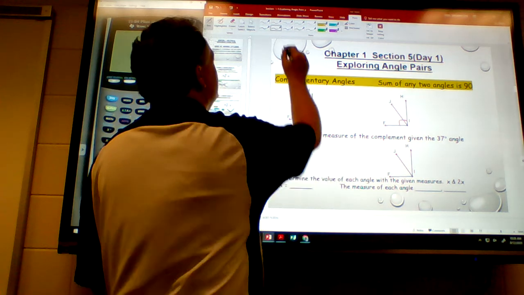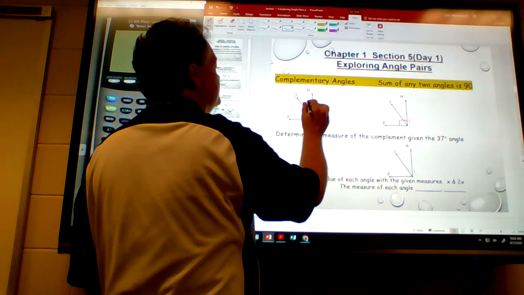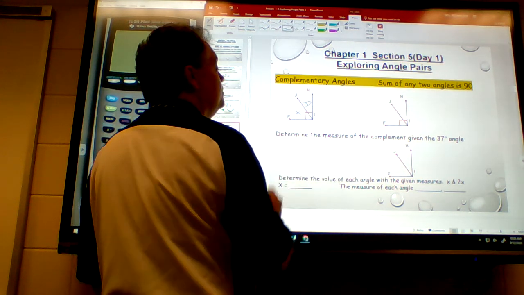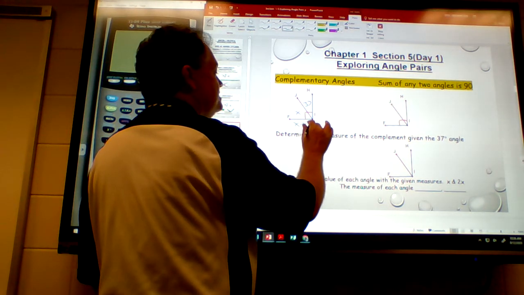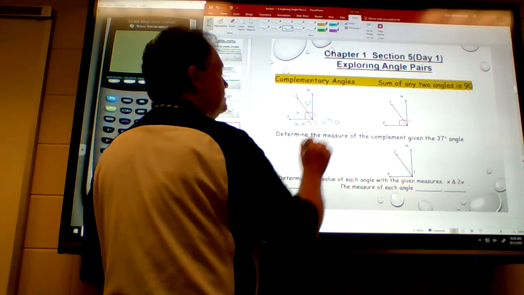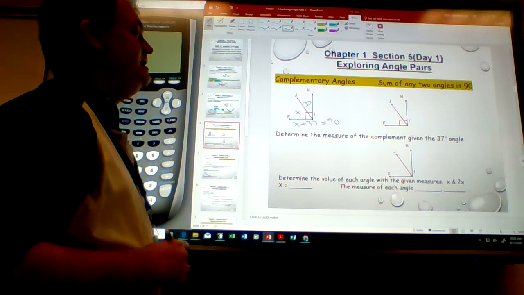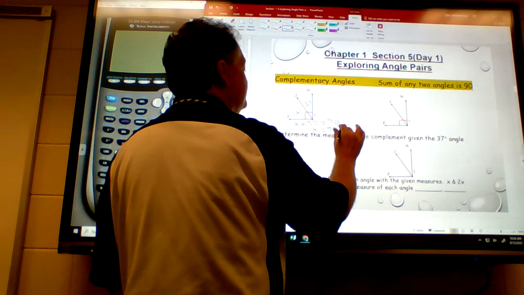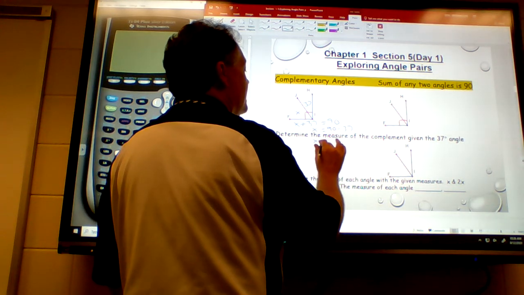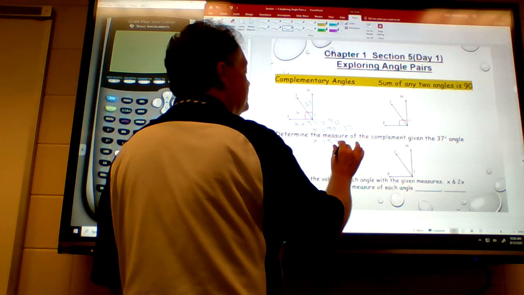Let's say this angle up here is 37 degrees, and I want to find its complement. We'll call the complement x. That means that x plus 37 equals 90. Well, since x plus 37 equals 90, to determine the value of x, I just subtract 90 minus 37, and that's going to make x equal to 53 degrees.